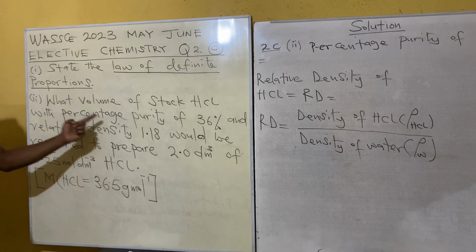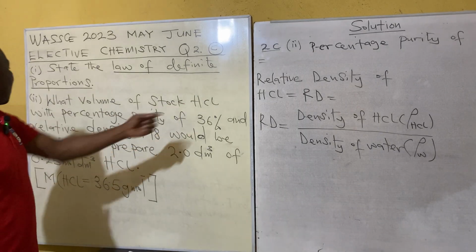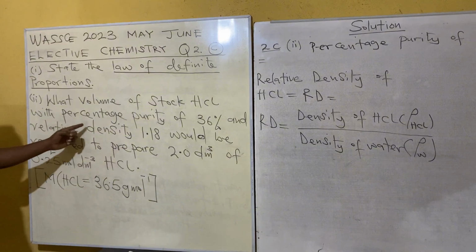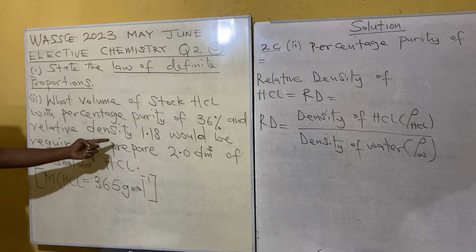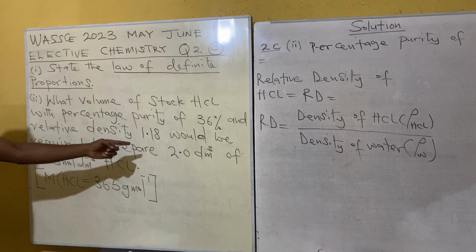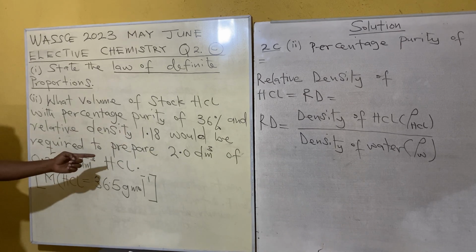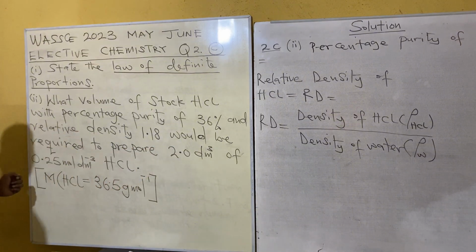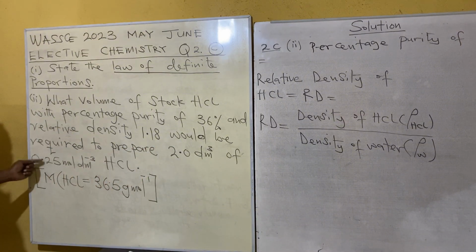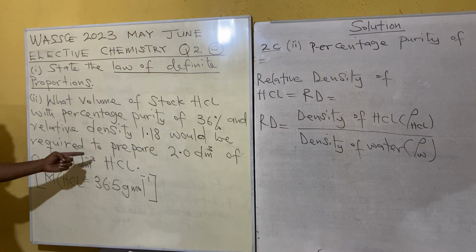II. What volume of stock HCl with percentage purity of 36% and relative density 1.18 will be required to prepare 2.0 dm³ of 0.25 mol/dm³ HCl?